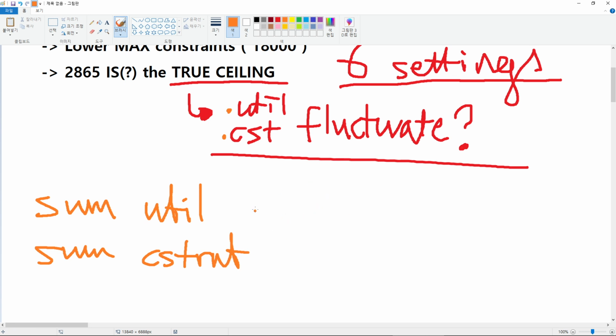with utility values and constraint values fixed.